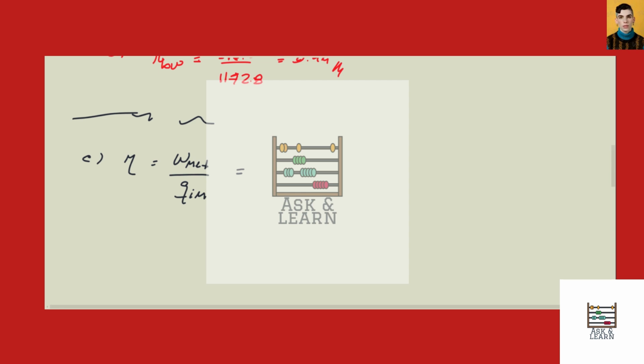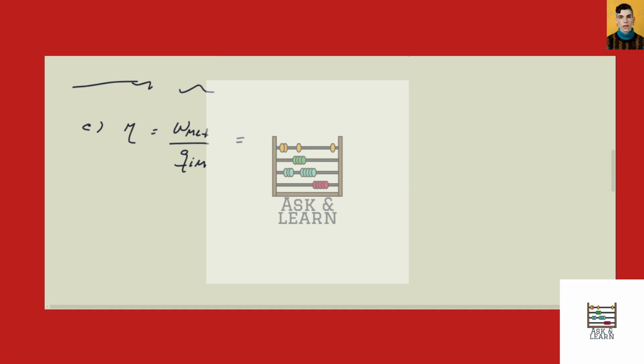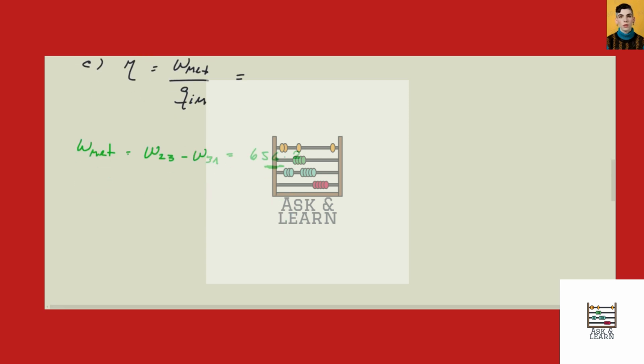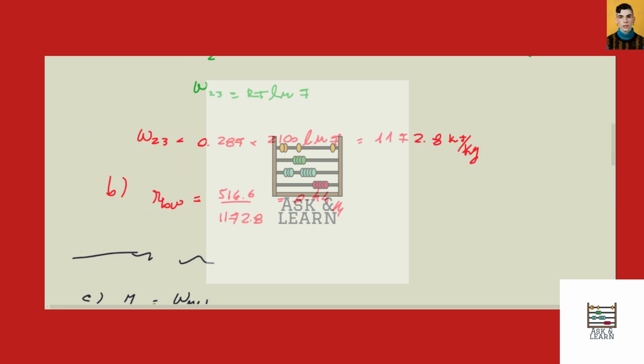The net work is just the difference between the expansion work and the compression work. Therefore, this is just 656.2, okay?